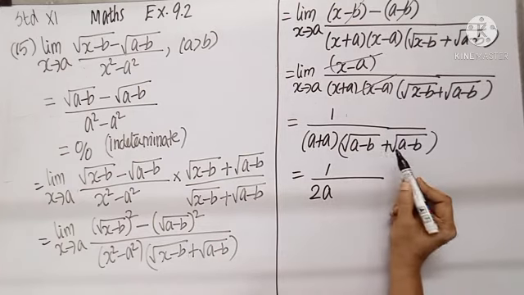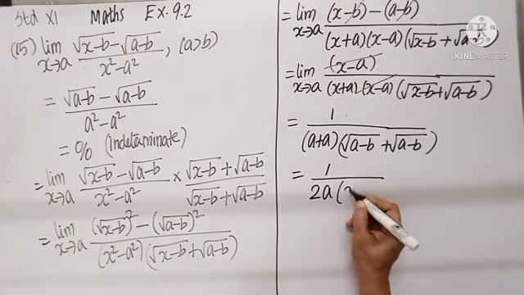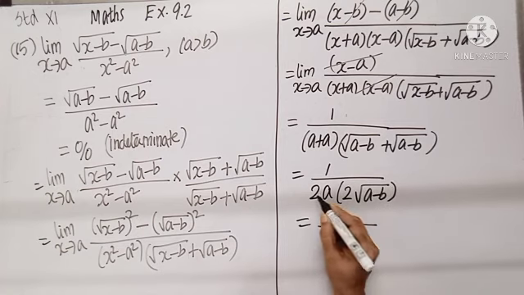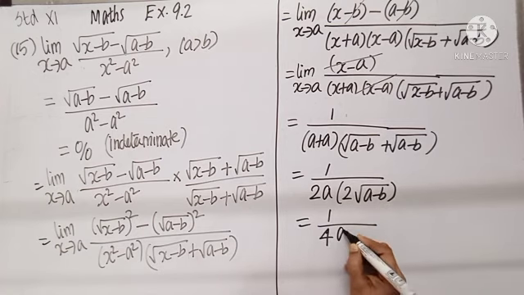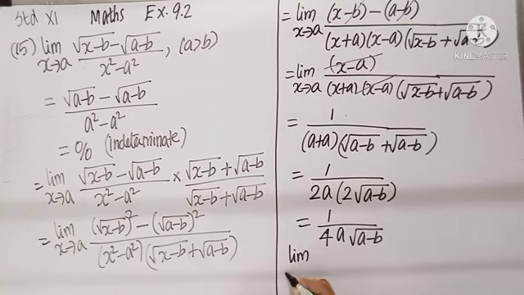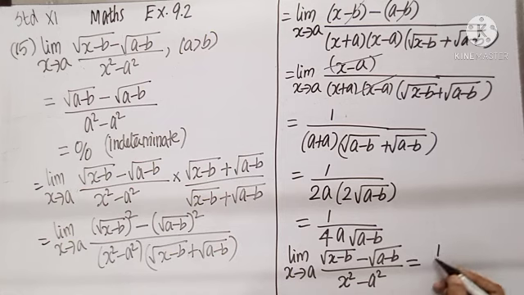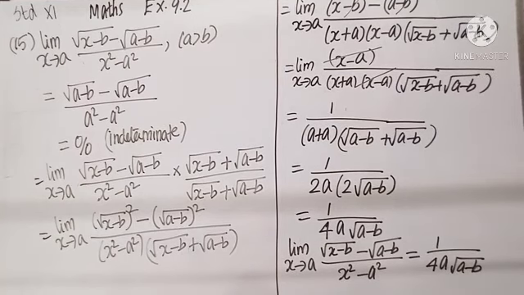Root of a minus b plus root of a minus b is 2 root of a minus b. As we multiply, 2 twos are 4, a root of a minus b. So let us write the answer. Limit x tends to a, root of x minus b minus root of a minus b divided by x square minus a square is 1 by 4a root of a minus b, and that is the final limit value.